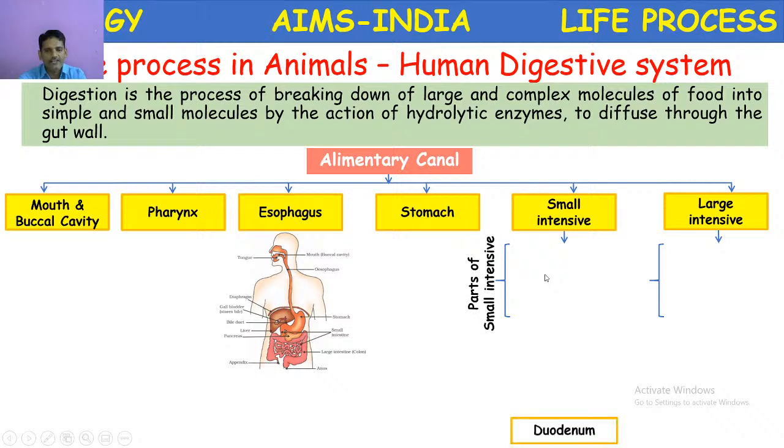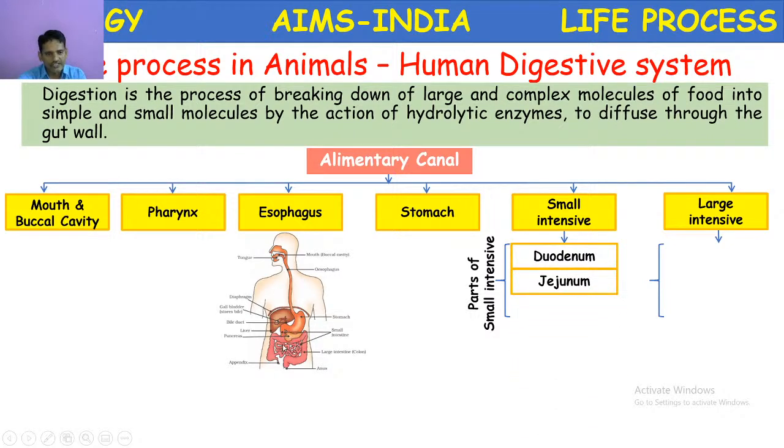The parts of the small intestine: the first part is the duodenum. Stomach opens into the duodenum. Then the jejunum, a long structure. And the terminal part of the small intestine is called the ileum. It is more coiled. Next, parts of the large intestine.